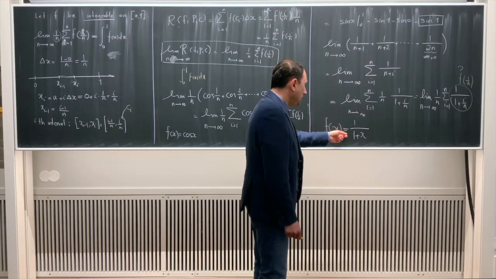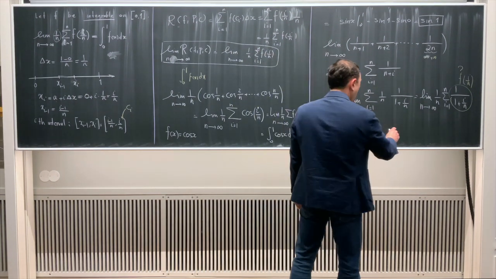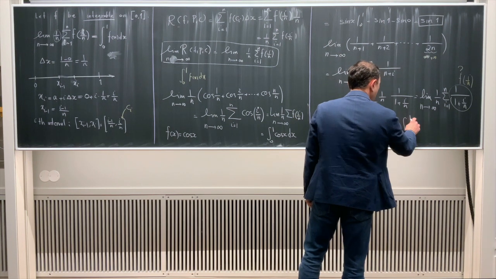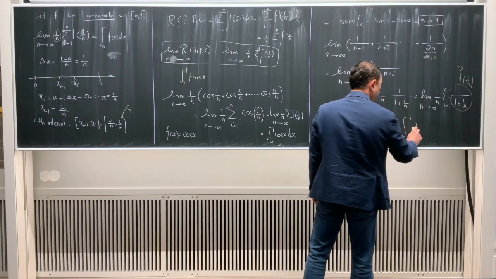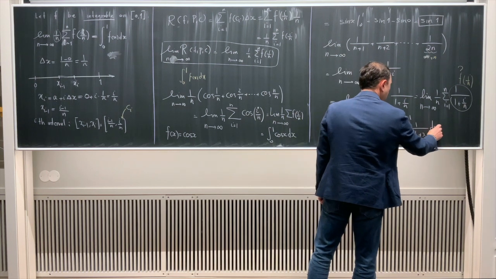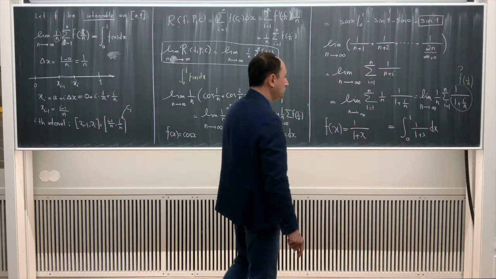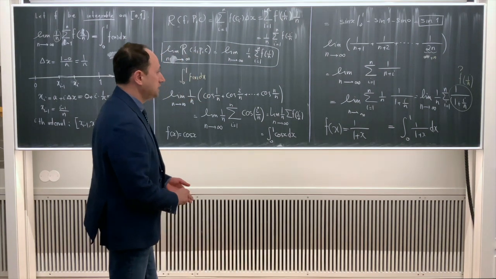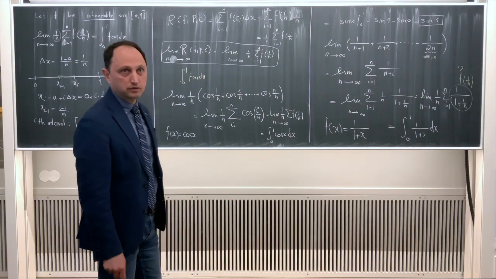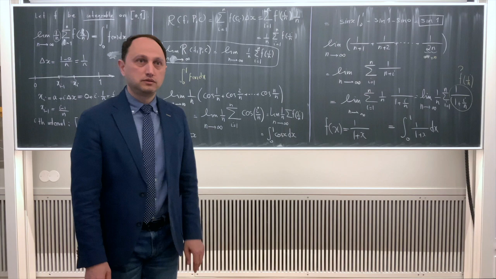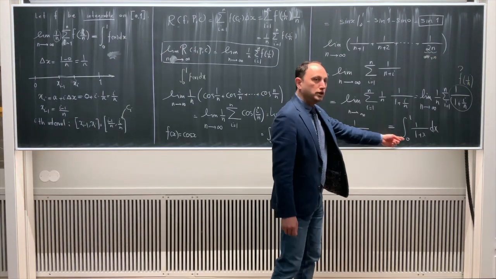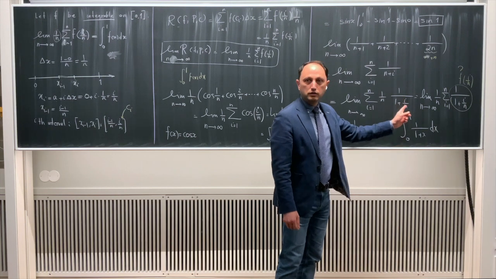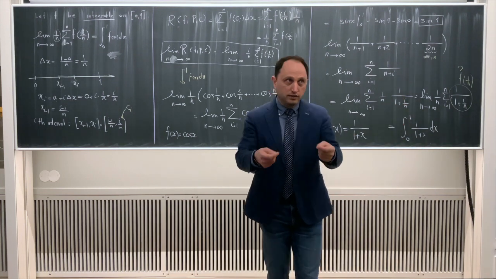Here, I want to write it as the integral from 0 to 1 of this function dx. But before doing that, I have to motivate the examiner that this function is integrable. Why is it integrable? This function is continuous on the interval 0 to 1. You have to write these things down.